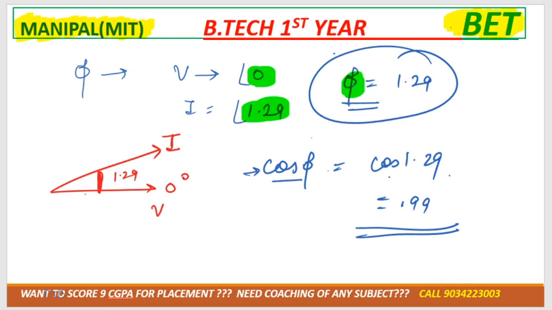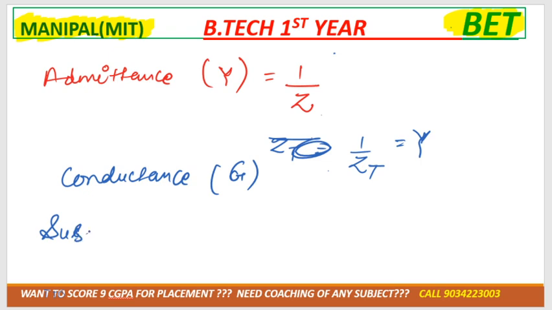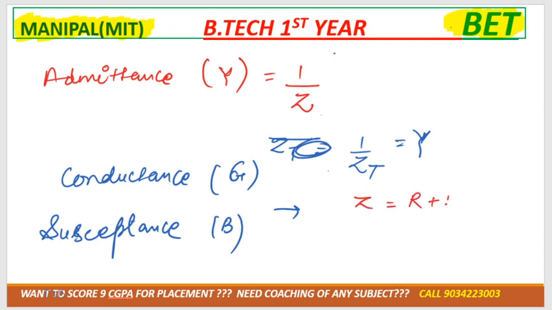So I'll tell you conductance is denoted by G and susceptance is denoted by B. तो इसका फॉर्मूला क्या होता है? What is the direct formula based on this? जिस तरह Z का क्या फॉर्मूला होता है? R plus JX. Similarly we'll have formula for Y, that is G plus JB.